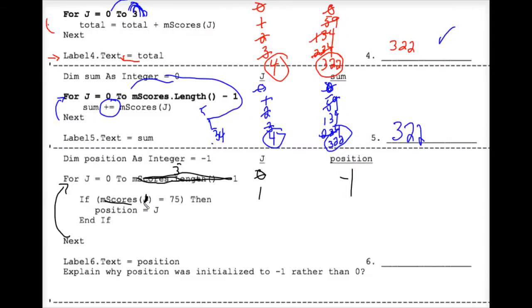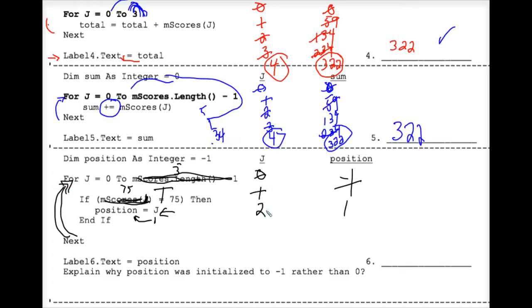All of this is simply the number 75 at this moment. 75 is equal to 75. That's true. So we do this line of code right here. J is currently 1, and the 1 is plugging into position. And now we loop back up to the top.